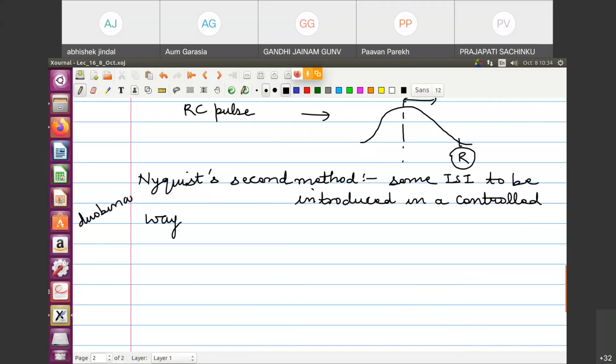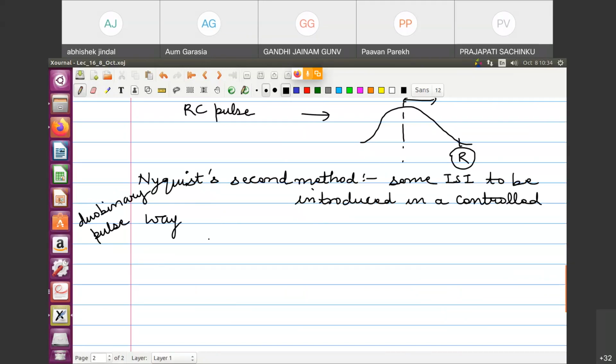The problem is I wanted to cover all these things, but I think we don't have time for this, because anyways we have to cover a lot of topics after this. So it depends. If at all this portion of 2 binary pulse is covered in section B, then I will come back to it. I don't know whether it will be covered there or not, because still Professor Godgambar has not started Nyquist criteria there.